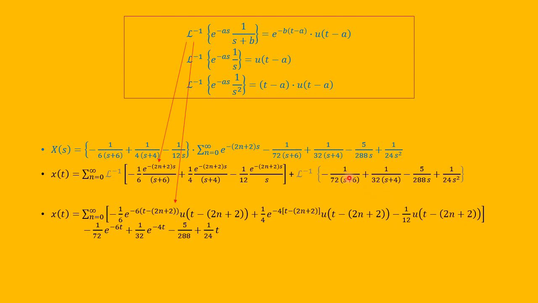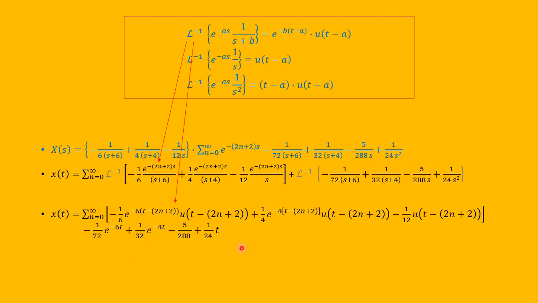Then we have the inverse Laplace transforms of these four terms. The first three terms are easy. We've seen formulas for those before, and so we'll just get 1/72 e to the minus 6t plus 1/32 e to the minus 4t.